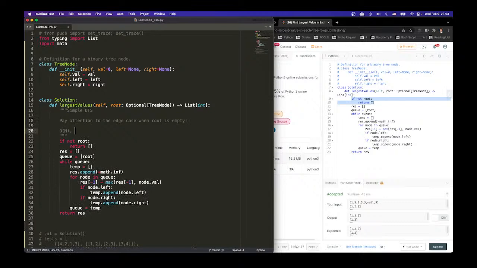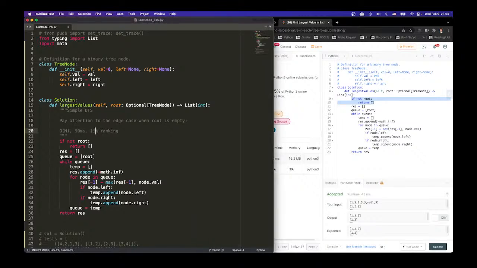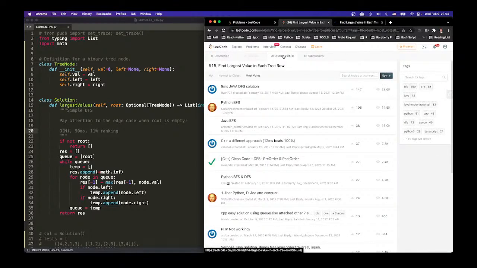Why is it so bad? No, not 90% ranking. It's only 11% ranking, man. Yeah, why so bad? Let's take a look at a good solution. What else can we do in addition to BFS or DFS? Divide and conquer.